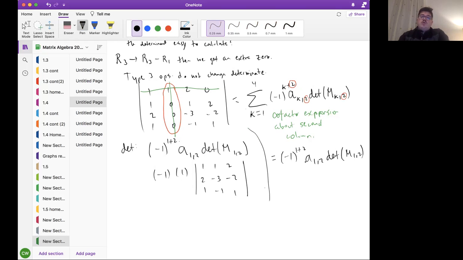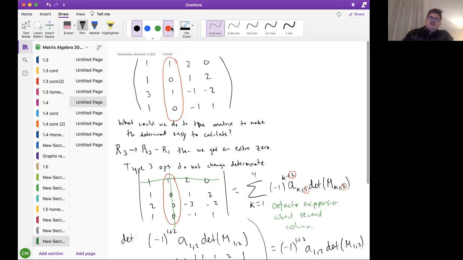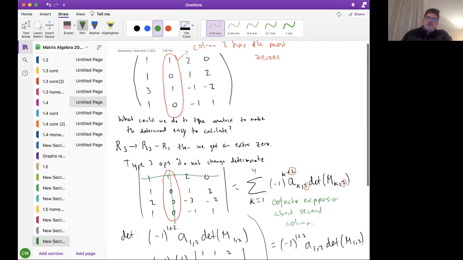How do we choose before we got to this point? First we saw column 2 has the most zeros. And then we saw we could make this even easier for ourselves.